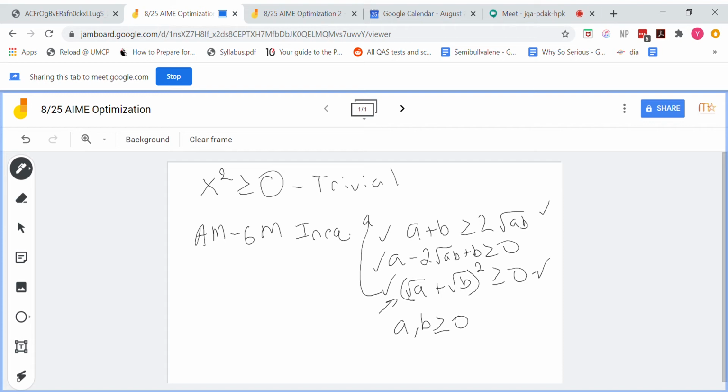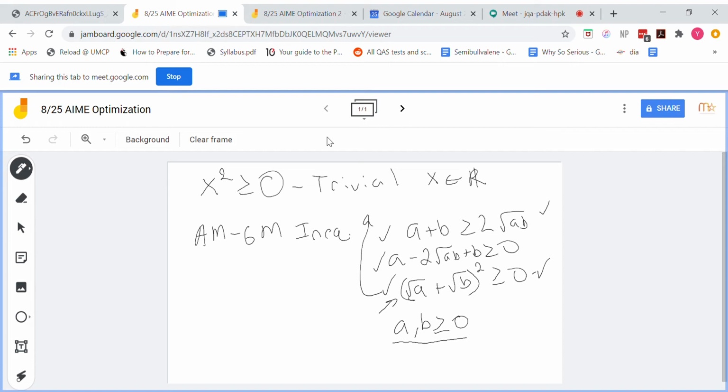So for the trivial inequality, x is in the real numbers, and for AM-GM, a and b must both be non-negative numbers, not necessarily integers, but simply non-negative. Otherwise, the AM-GM inequality does not apply.